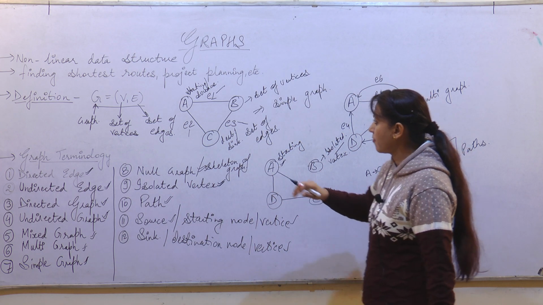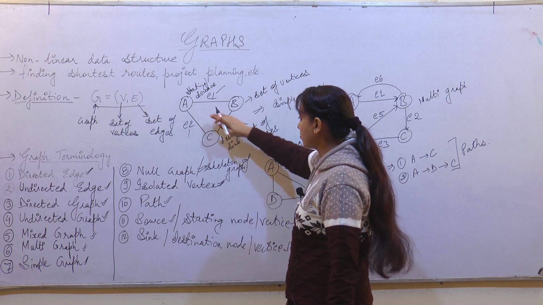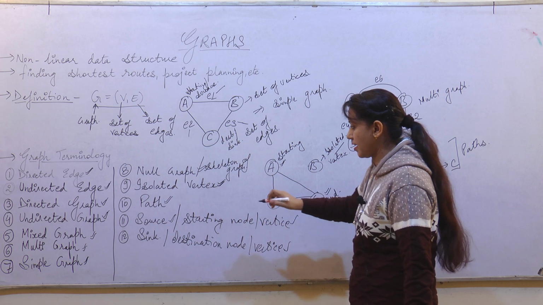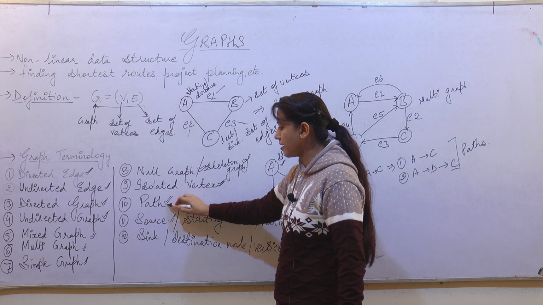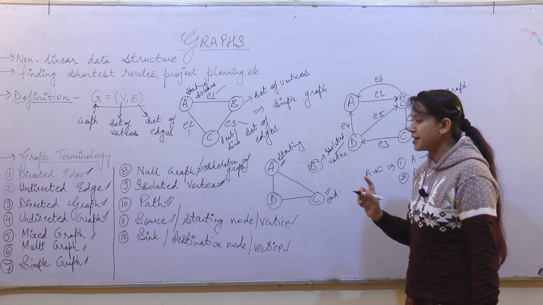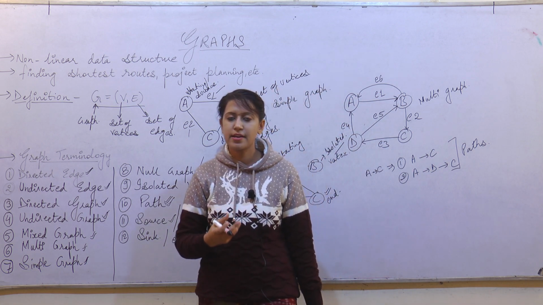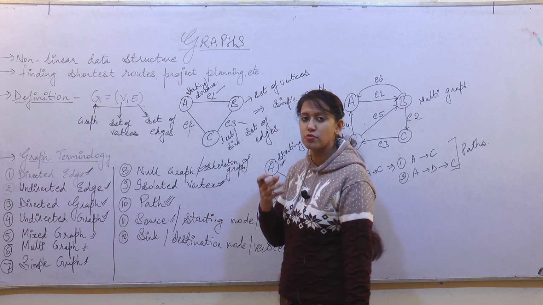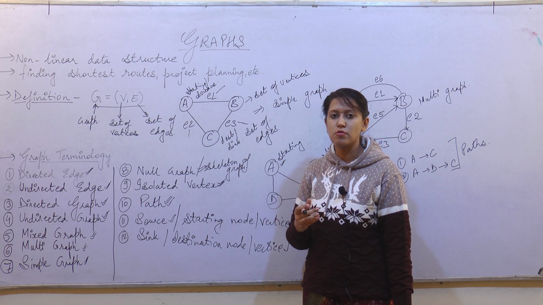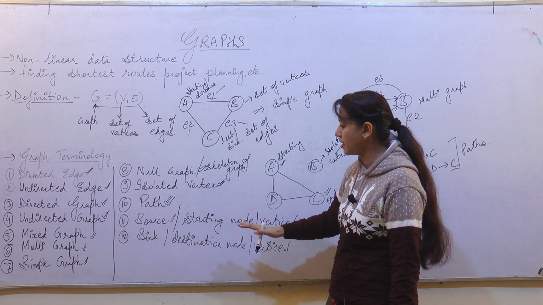For traveling from source node A to sink node C, we follow a path, as I have already described. So the starting node is the source, and the ending node to which we travel is known as the sink node.